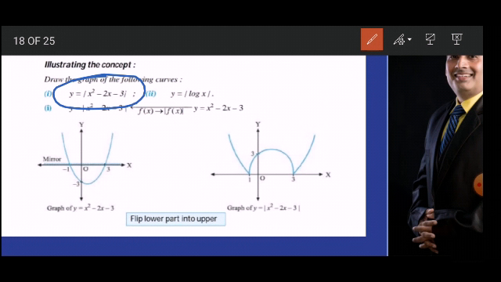At 0, -3, it crosses the y-axis, as the y-intercept is -3 in this graph. And now flip the lower part. You have to flip this lower part, which is in the negative region. So it comes here in the opposite region, and the graph which is above will also be included. So this is the graph of mod of x square minus 2x minus 3.